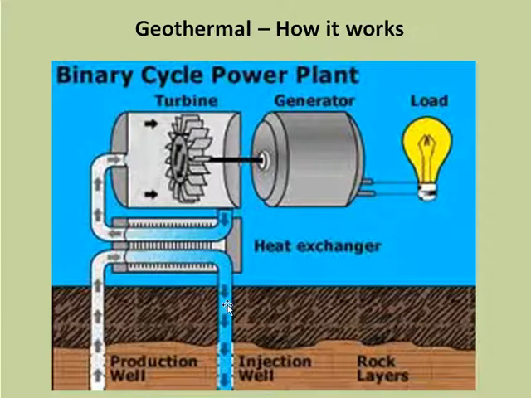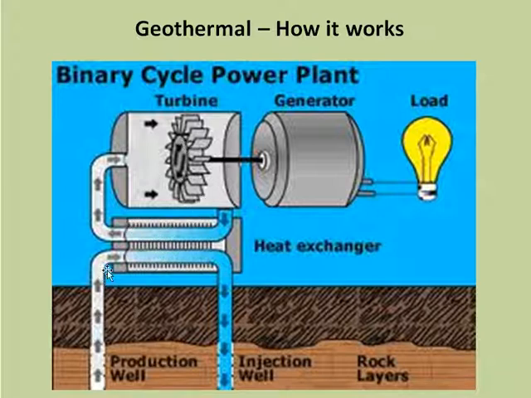And so it's just a turbine, as we've seen before, and like we said before, you can take either the steam coming directly out of the Earth and turn this generator, or you can use a heat exchanger.